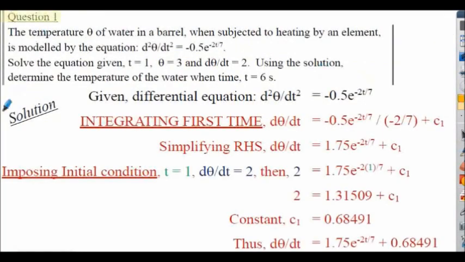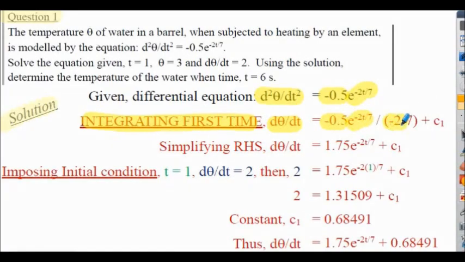So here's question 1, commencement of the solution. So we're given from the question the equation d2 theta by dt squared is equal to negative 0.5 e to the negative 2t divided by 7. So integrating to find d theta by dt, that becomes negative 0.5 e to the negative 2t divided by 7.